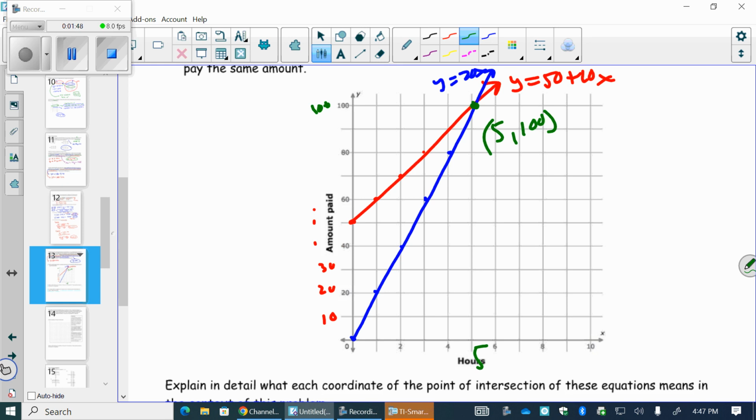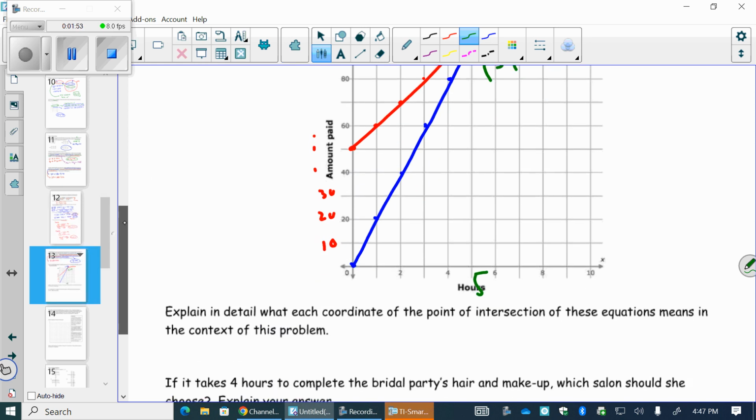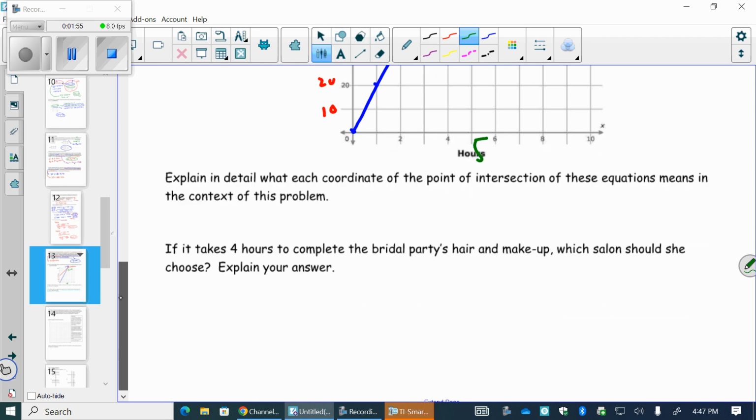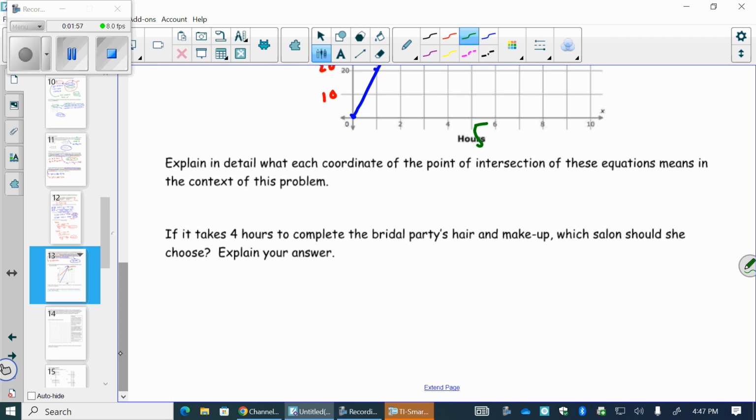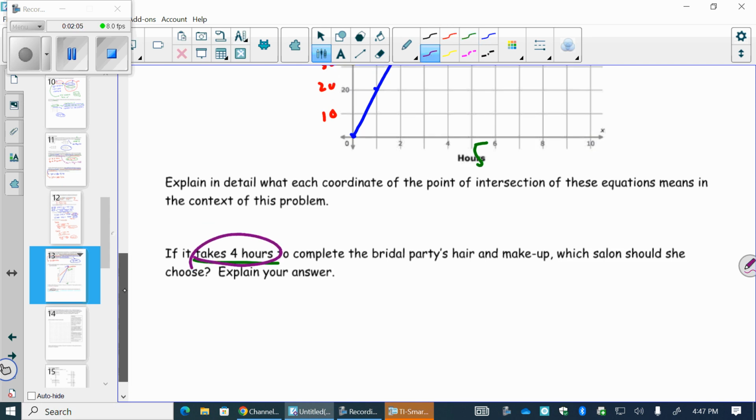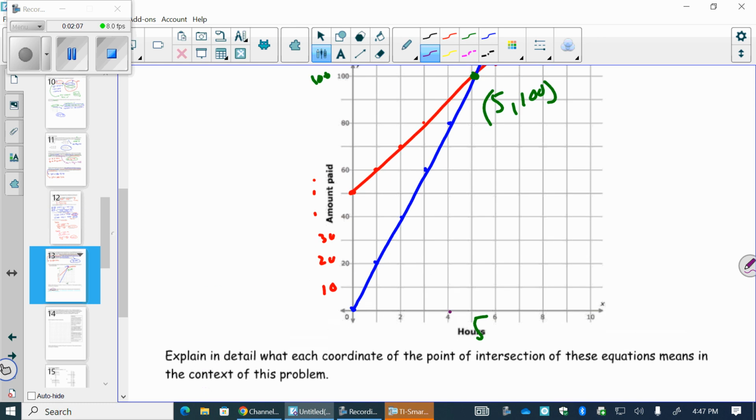That means that if you needed 5 hours worth of work, it wouldn't matter who you hired, it would be the same. If it takes 4 hours to complete the bridal party, which saloon should you choose? Well, if you only need 4 hours worth of work, let's go to x equals 4 on the graph, and let's go up.